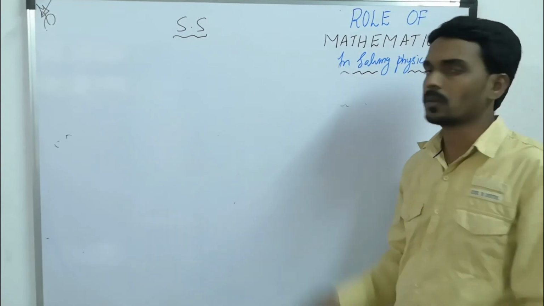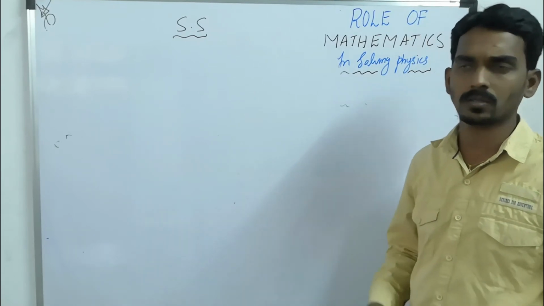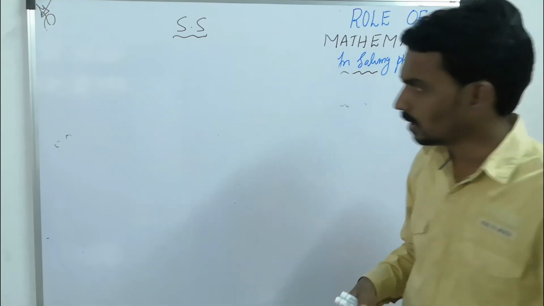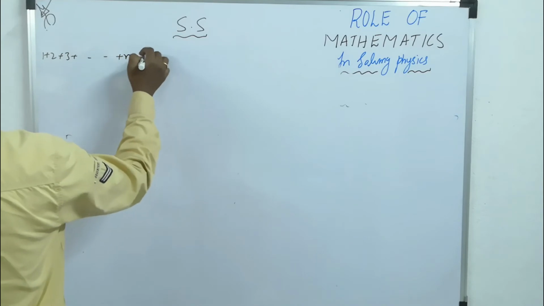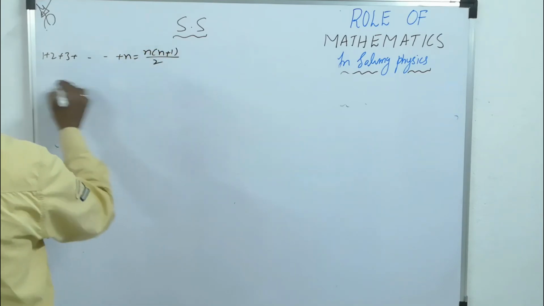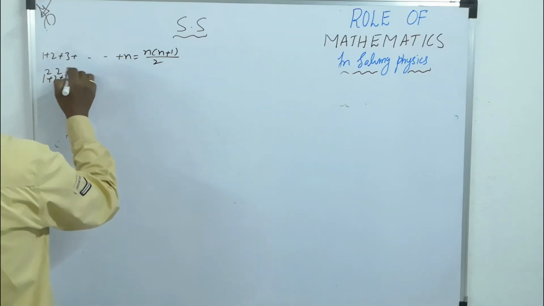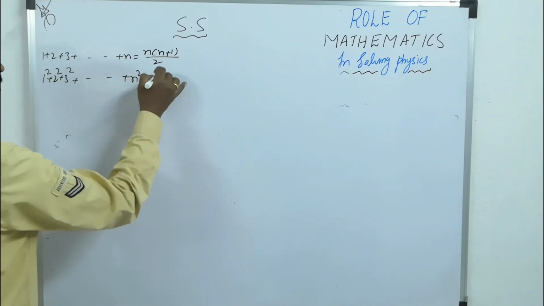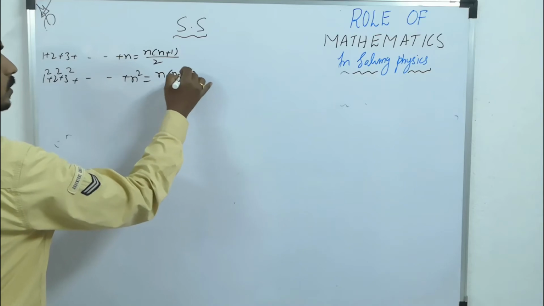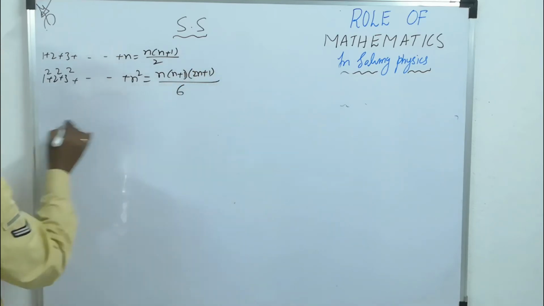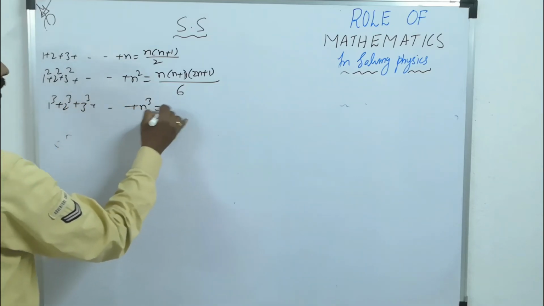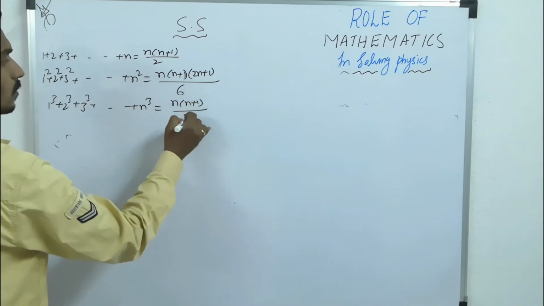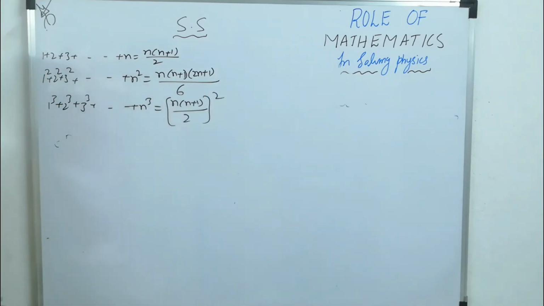I will take those formulas and explain one example so that you understand the importance. 1 plus 2 plus 3 plus so on up to n is n into (n plus 1) by 2. 1 square plus 2 square plus so on up to n square equals n into (n plus 1) into (2n plus 1) by 6. 1 cube plus 2 cube plus so on up to n cube equals (n into (n plus 1) by 2) whole square.